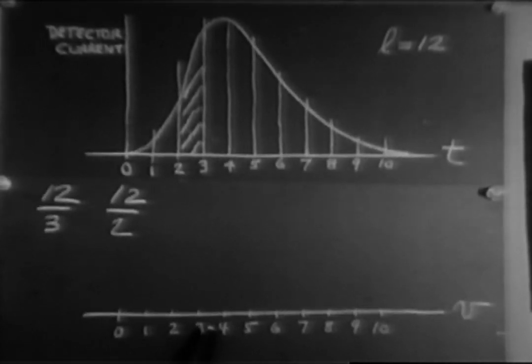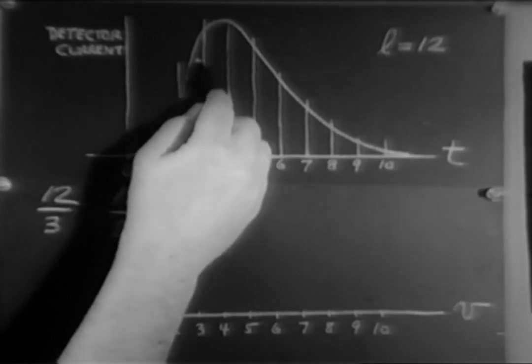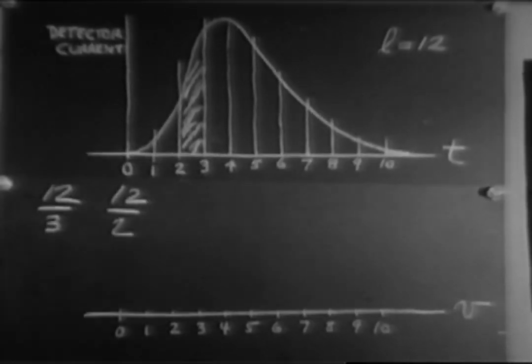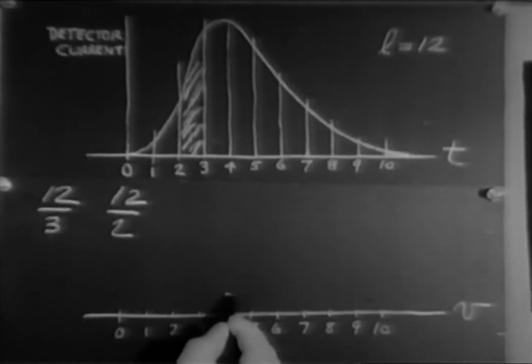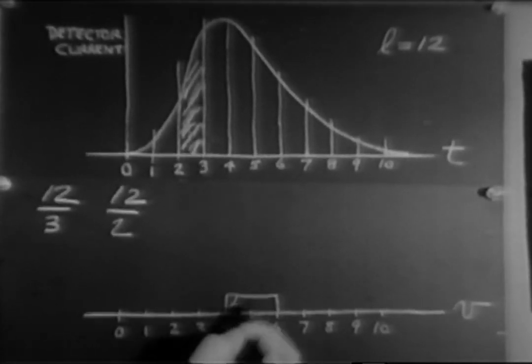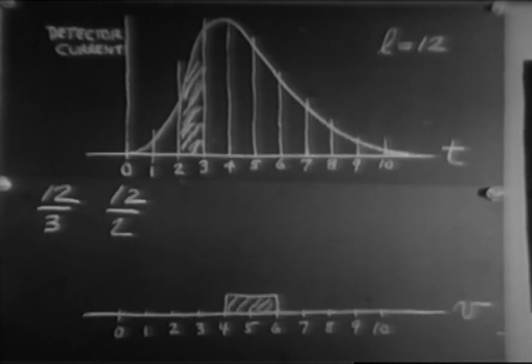So if I want to draw a velocity distribution, those atoms in this time interval will appear down here. Now I'll draw them in, something like this, between 4 and 6.